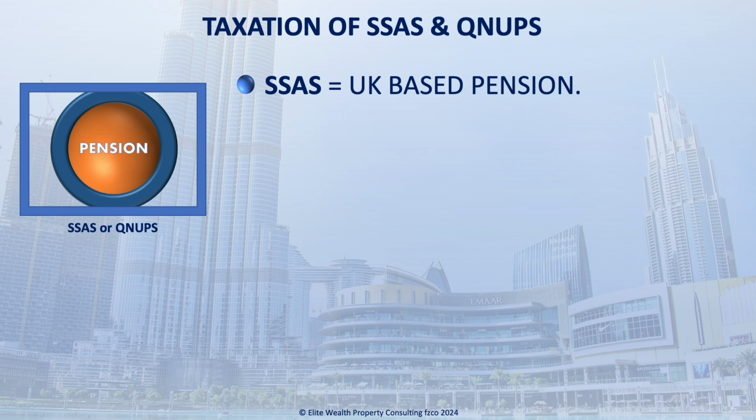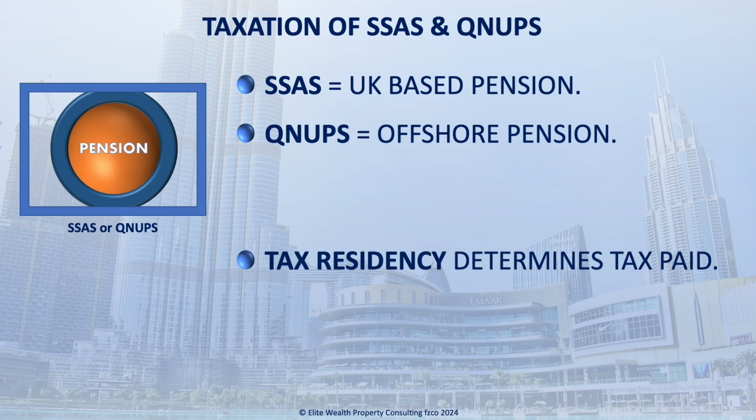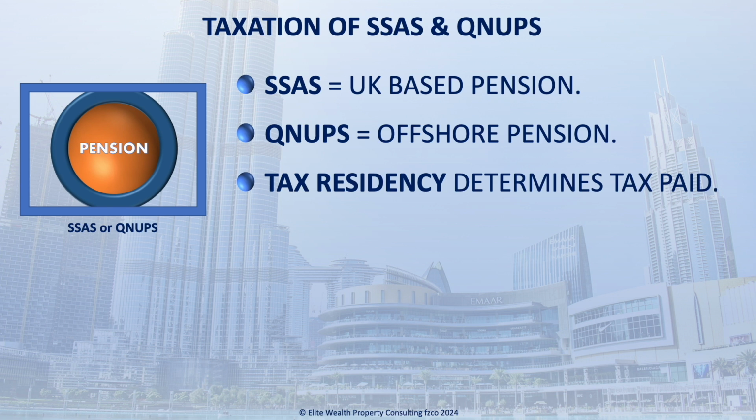If, however, you don't have the opportunity of getting involved with a UK-based pension, absolutely nothing stopping you from establishing a QNUPS, which is a qualifying non-UK pension scheme. It's an offshore pension, nothing to do with the UK, but it's been given tax approval by HMRC in the UK. And basically, your tax residency will determine any tax that's paid.